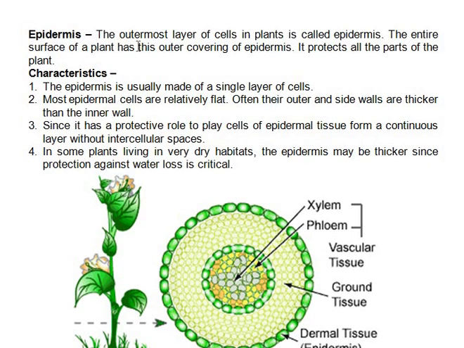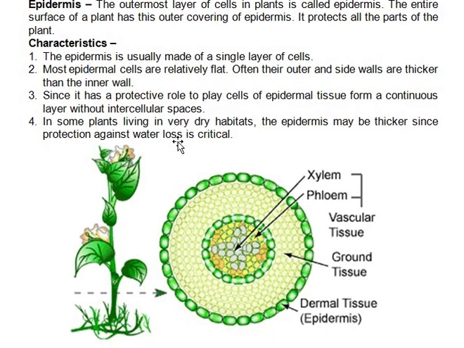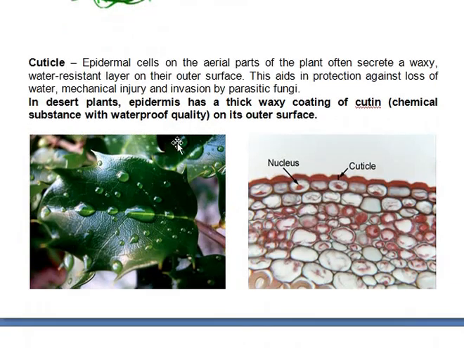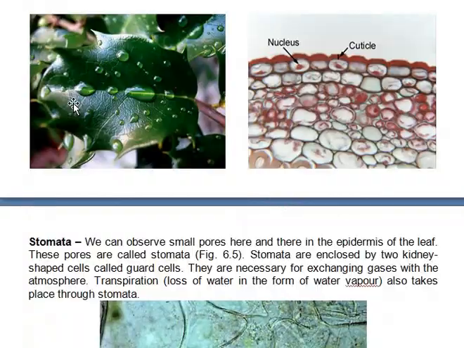It's not only meant for protection, but there are certain other functions which are performed by the epidermis. For example, in desert plants, it protects the plant from the loss of excess water, especially when there is a scarcity of water. So there is a modification of epidermis which we call cuticle.